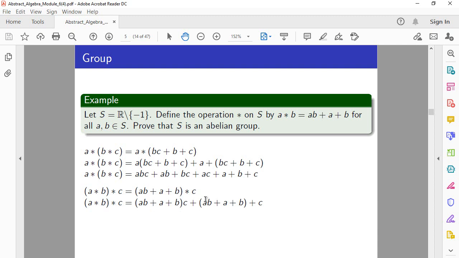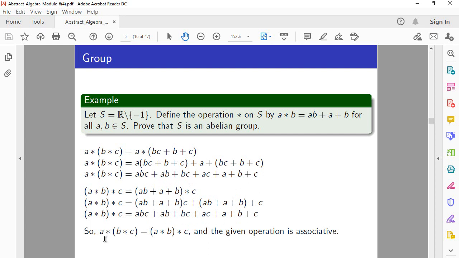By definition again, you multiply the quantity in parentheses with C and then add this quantity in parentheses plus C. Once again, we multiply out and rearrange the terms, and you see that you get the same quantity: ABC plus AB plus BC plus AC plus A plus B plus C. So we see that A star (B star C) is the same as (A star B) star C, and so the star is associative. Okay, so that's property number one.